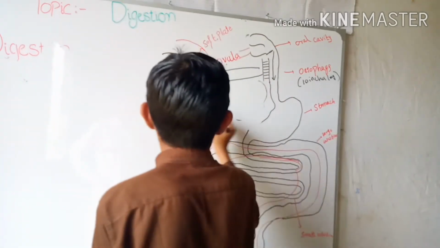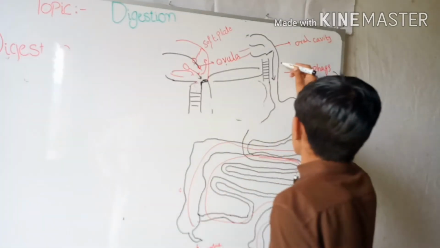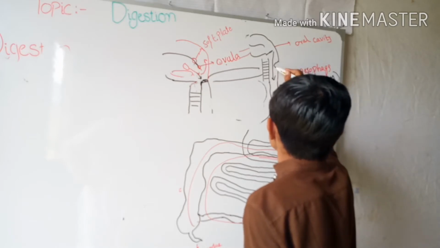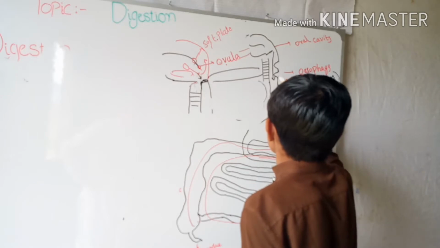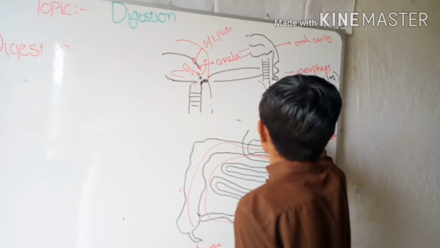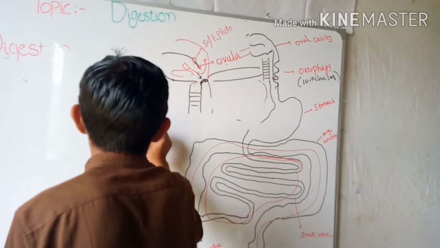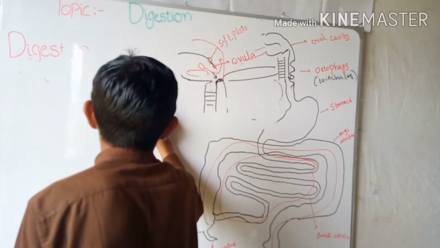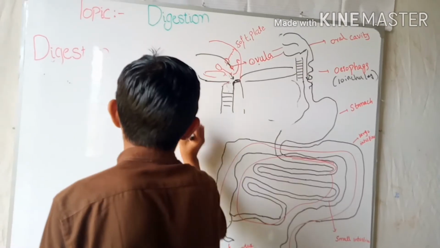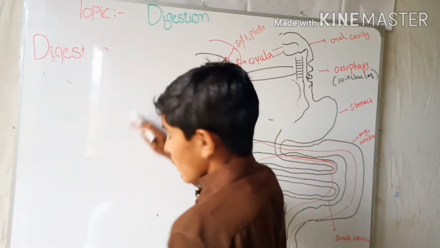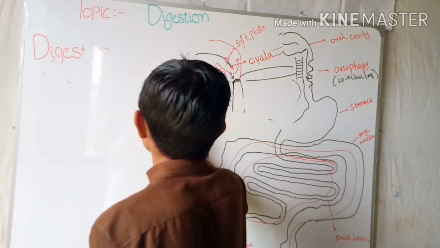Like this, it moves this and this and this and this. So like this is the esophagus. Okay, in this the food is coming, this is the food, so it moves like this.